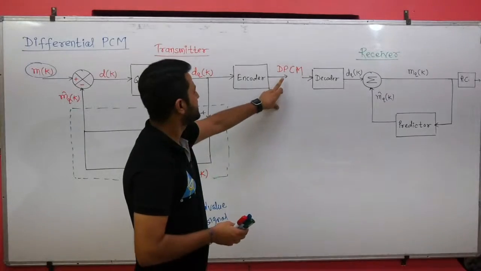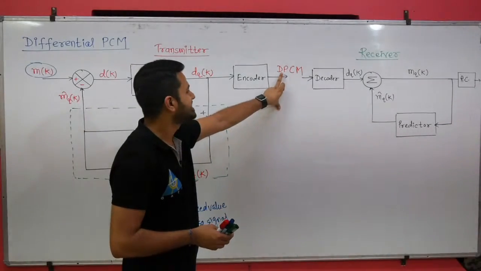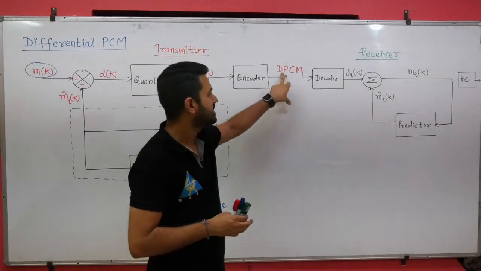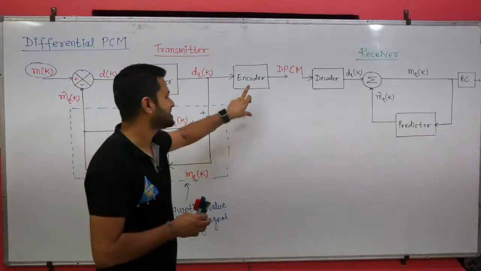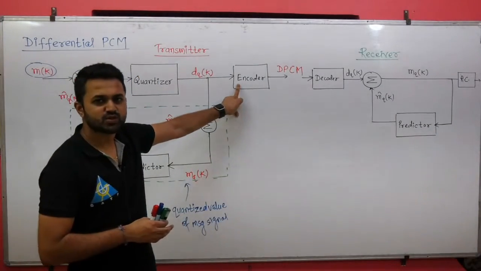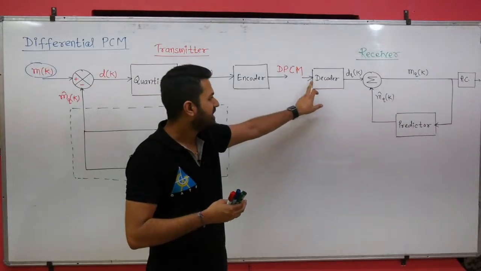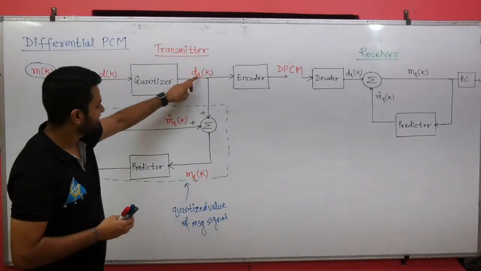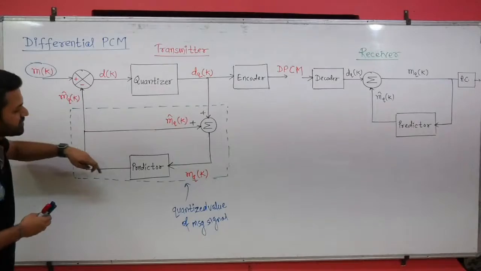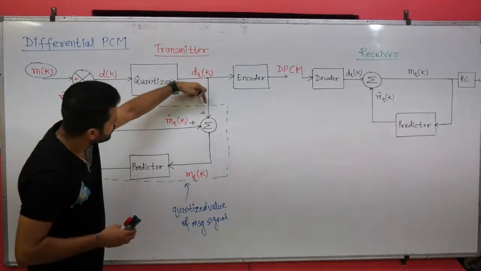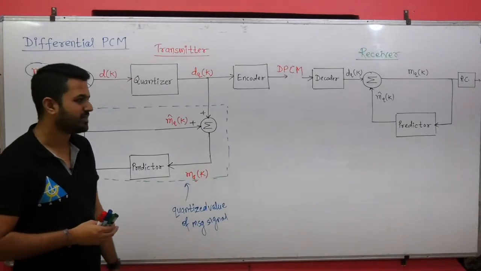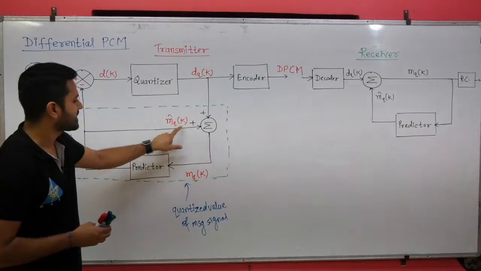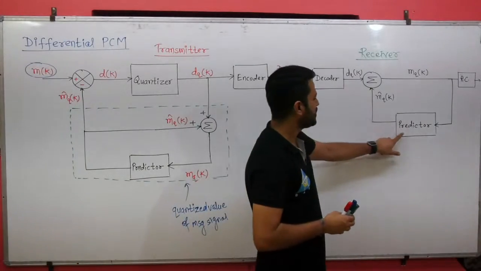So this is the DPCM signal, and this DPCM signal is transmitted. Because at the transmitter we have encoded it, at the receiver we decode it, and once you decode the signal you get this signal dqk. And as I said, this feedback path is nothing but a receiver, so this dqk goes into the input of the summer. The other input of the summer is m cap qk, which is the output of the predictor.